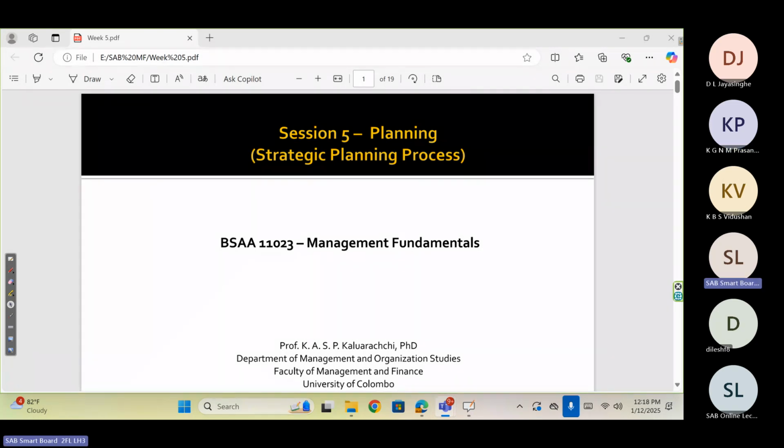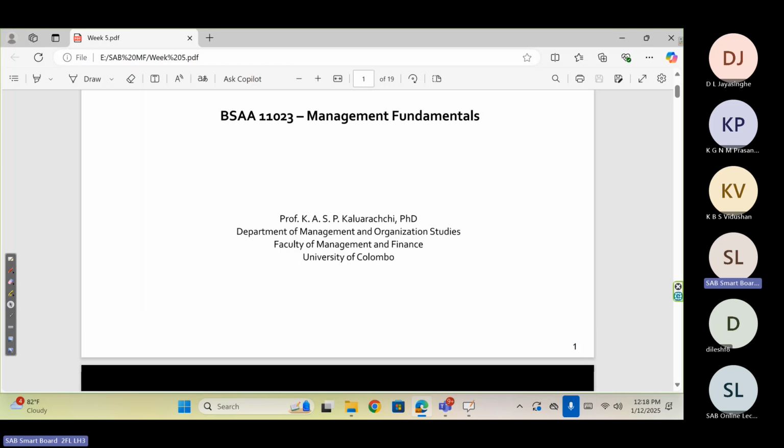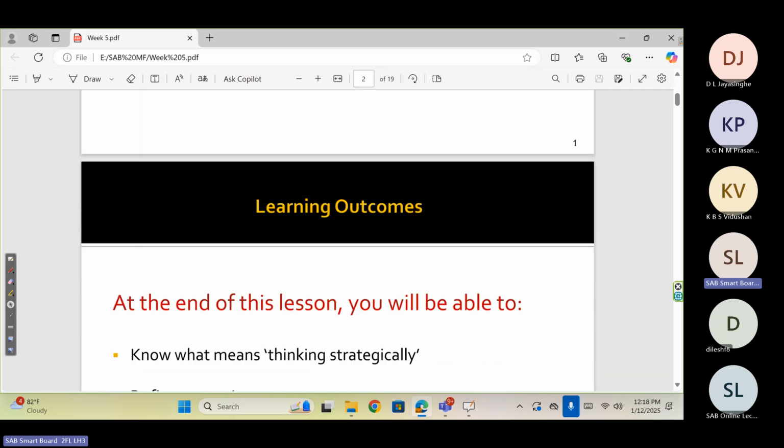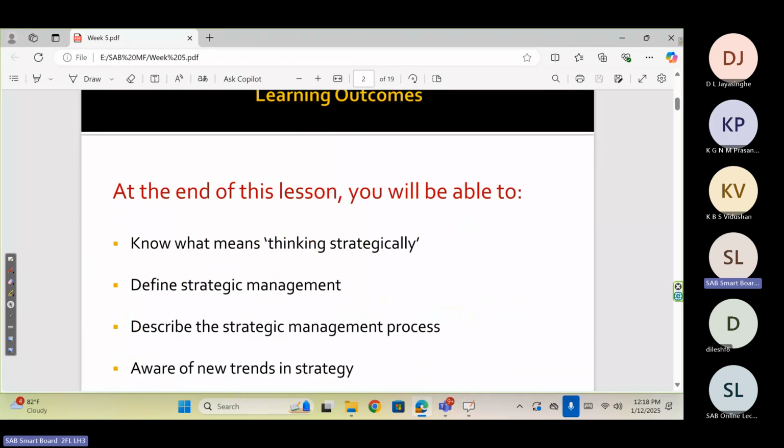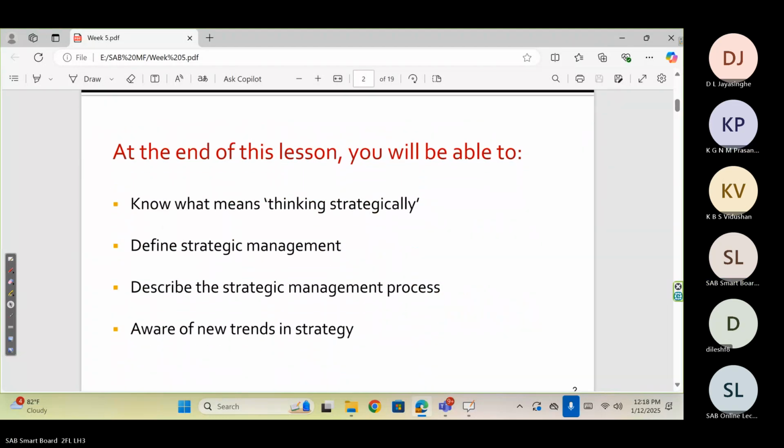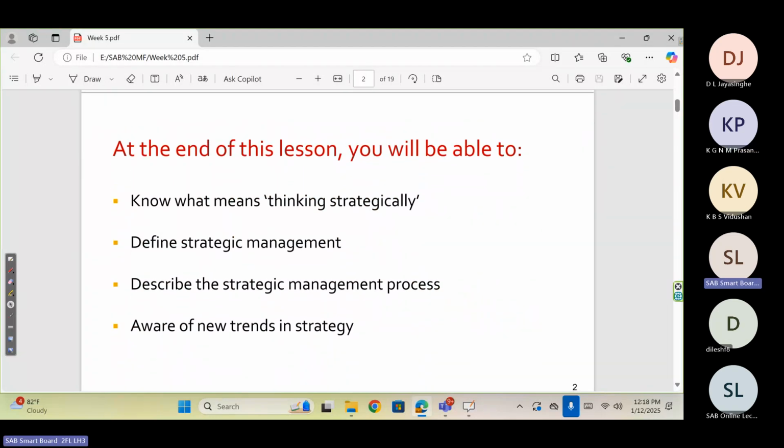Right, then these are the learning areas of the session learning outcomes. First we will consider the meaning of strategic thinking. For this to happen, these managers need to have strategic thinking.